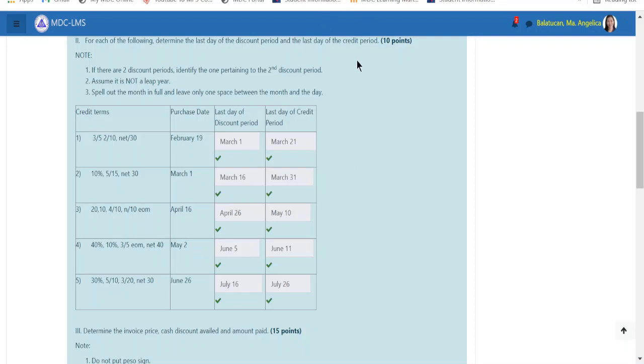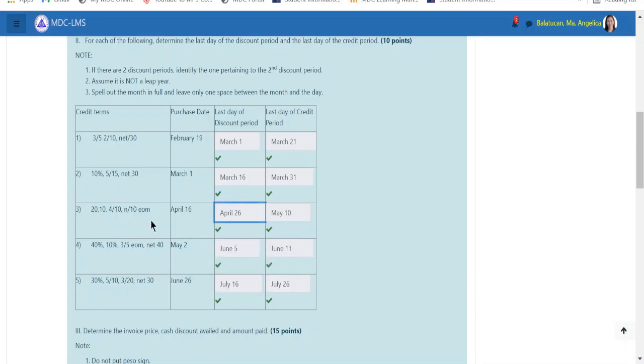So for number 2, we have March 16, so that's 1 plus 15 days. So that would be March 16. Last day of credit period, 1 plus 30 days. So that's March 31. Next, April 16. Okay, 16 plus 10 days.